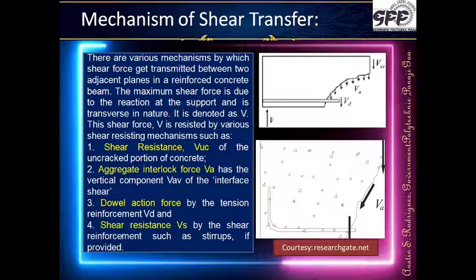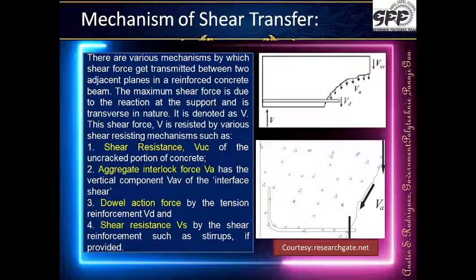So let me tell in brief what is this mechanism of shear transfer, so that we understand what exactly happens when there is shear resistance. Whenever we are talking of shear resistance, there are various mechanisms in place. The shear force gets transmitted from one mechanism to another through different, adjacent planes of the RCC beam.